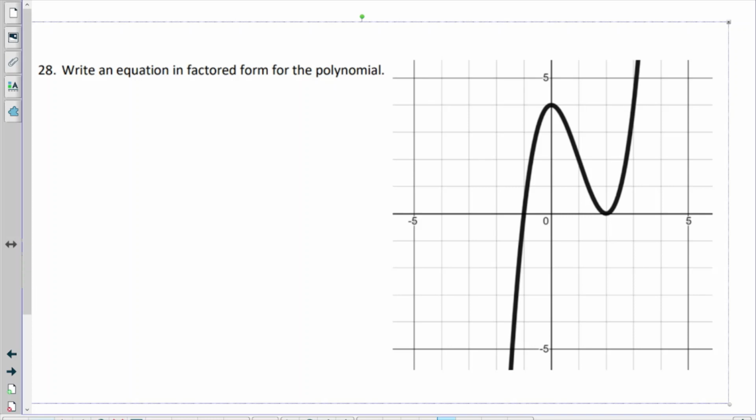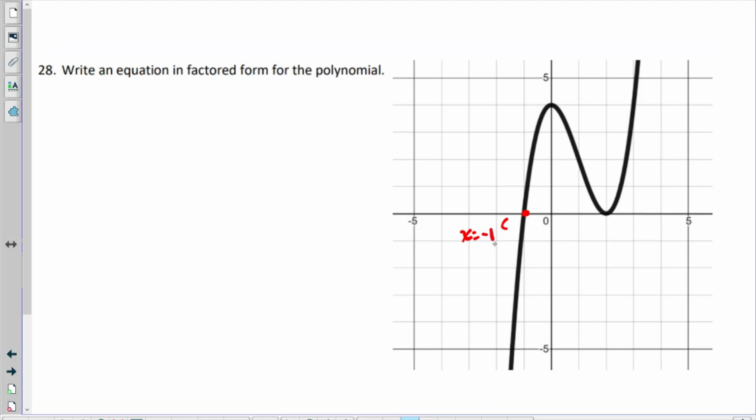Write an equation in factored form for the polynomial. So here's what you have to do. You kind of have to reverse engineer the problems with the different components. So we would write a factored form, meaning we want like x minus something times x plus something or whatever. But in order to find what we are adding or subtracting, we need the zeros. And so I have a 0 right here that I cross through at x equals negative 1.